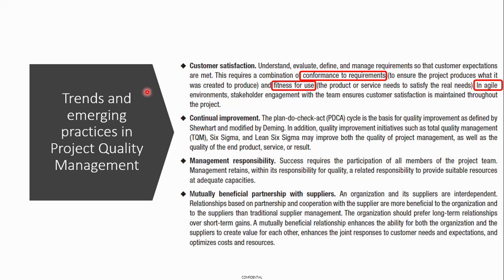Then another trend of project quality management is to have a continuous improvement process of quality. Even if you implement Six Sigma or total quality management or ISO or 5S in your organization, or CMMI for software development, there is a cycle called plan, do, check, act. In the audit cycle, you plan, do, check, and act against any deficiencies.